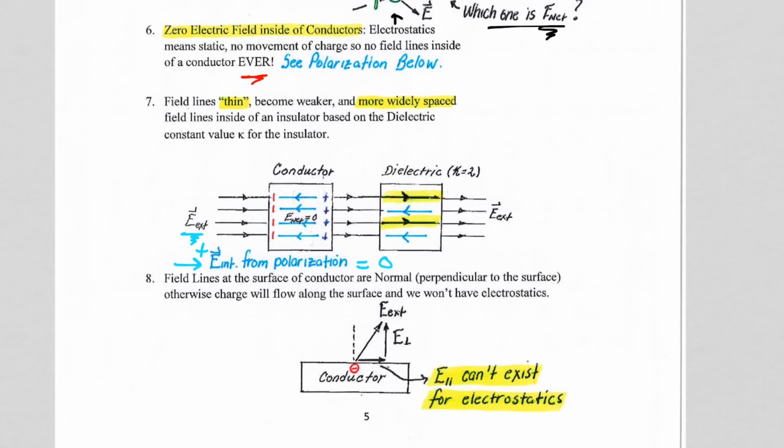Now, dielectrics, insulators, we're going to see, will allow for some electric field to go through, but they are always what is called thinned, meaning more widely spaced. So on your page, make sure you get these 2 black lines in here showing that they are thinned. So we'll understand on another page of notes, so we don't need to go into great detail, but insulators have values that tell us about their properties, and this is called a dielectric constant.